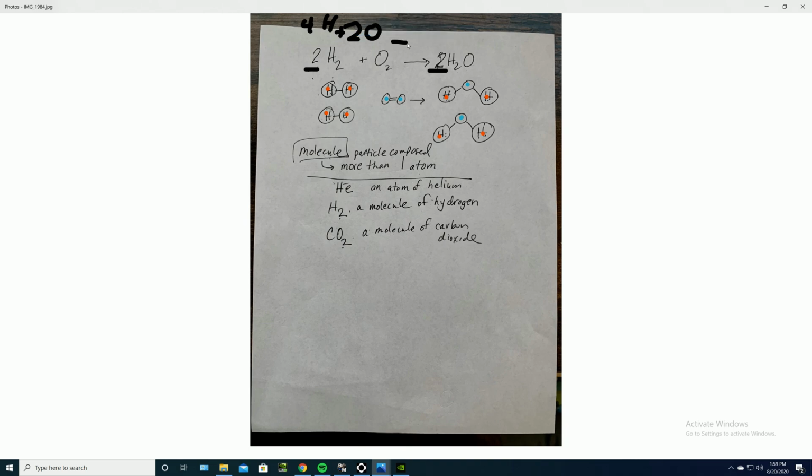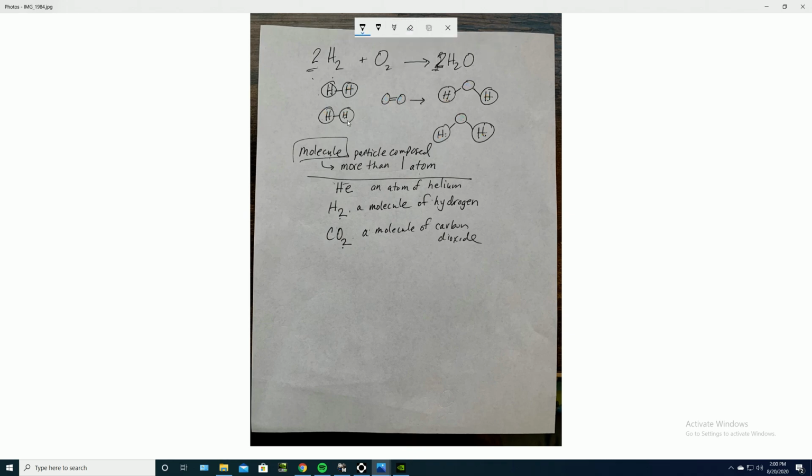And when you go out to the other side, it needs to be the same. You have to have 4 hydrogens and 2 oxygens. Obviously, they're bonded in a specific way, so you can't just write it this way. But that's the way conservation of matter works.